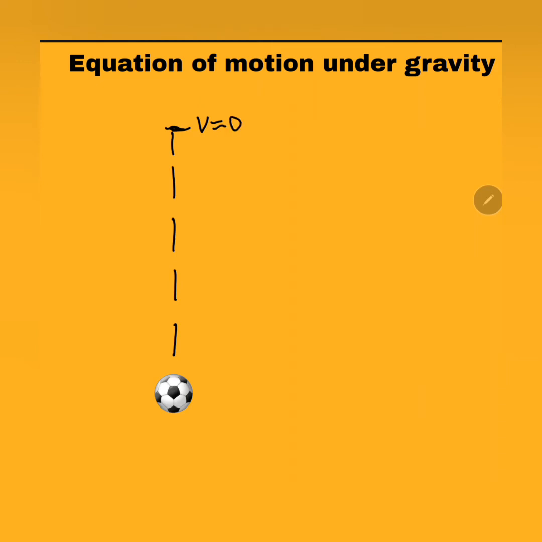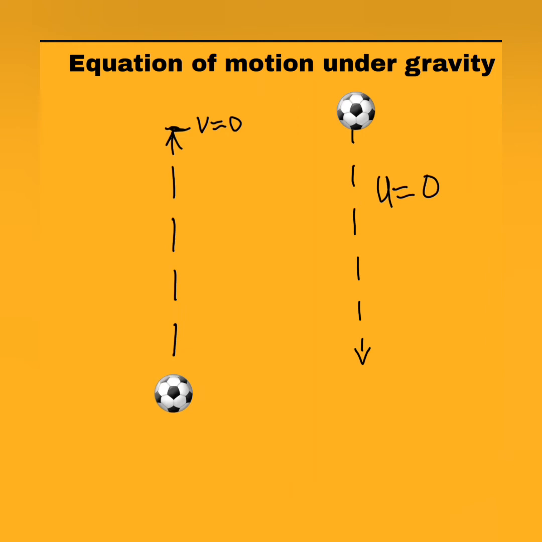Then if an object is dropped, the object does not have an initial velocity, because when you release an object from a height and the object is falling to the ground, it only has v, it doesn't have u. So when an object is falling, u is 0. When an object is thrown upward, v is equal to 0 at the maximum height. These two things have to be put into consideration whenever you are talking about motion under gravity.